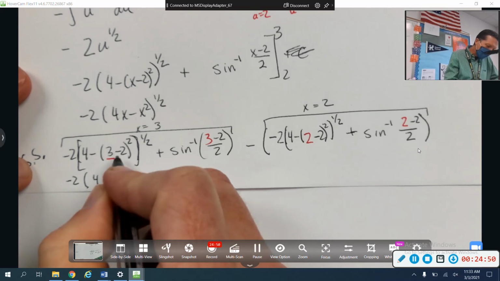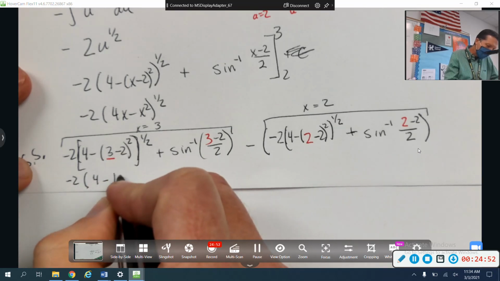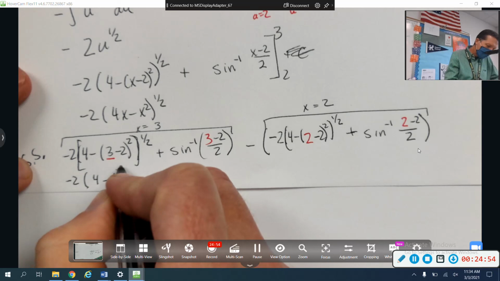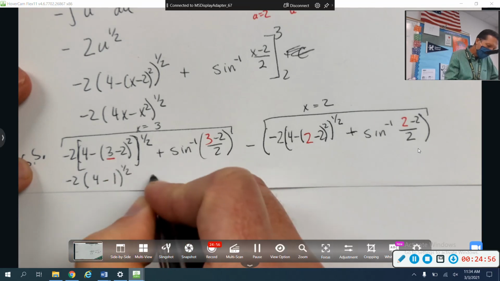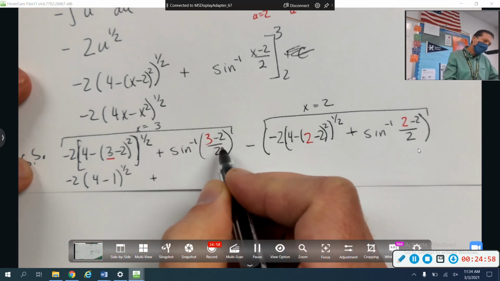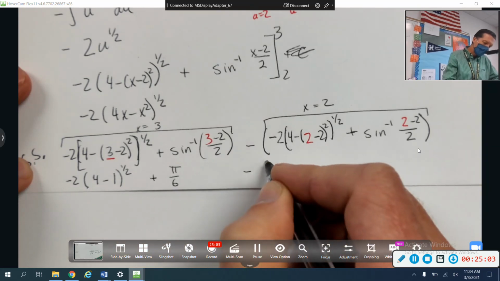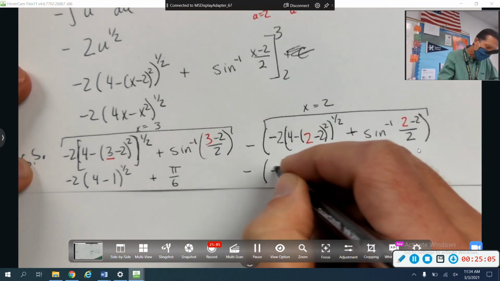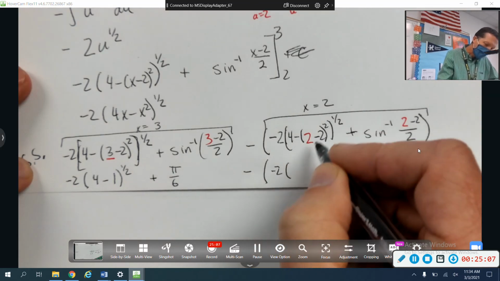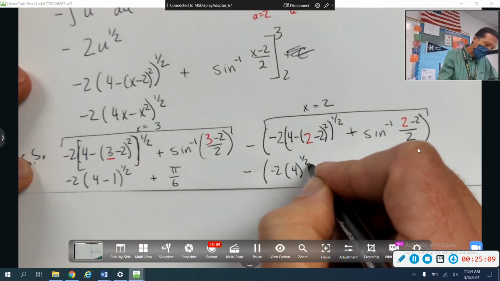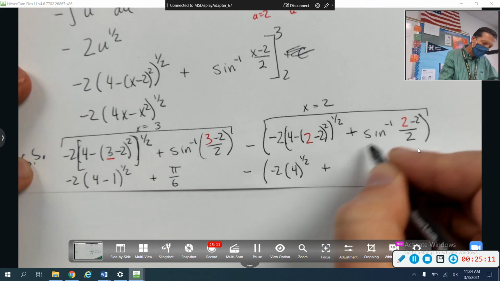4 minus 1 squared is 1 to the 1/2. Inverse sine of 1/2 is pi over 6. Minus negative 2 times 4 to the 1/2. Inverse sine of 0 is 0.